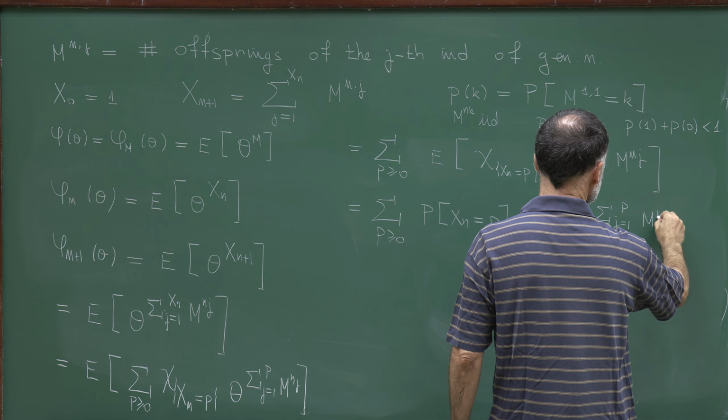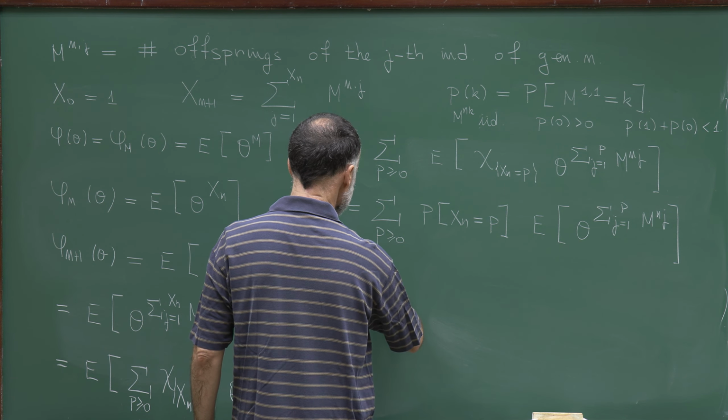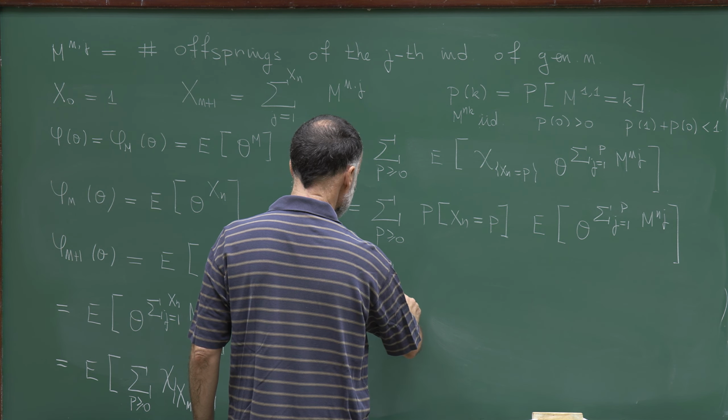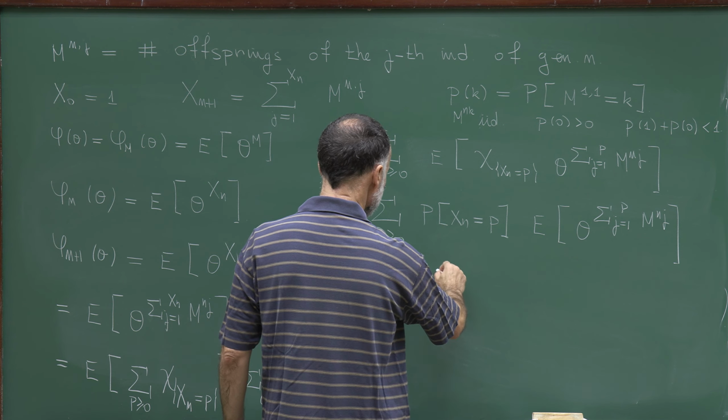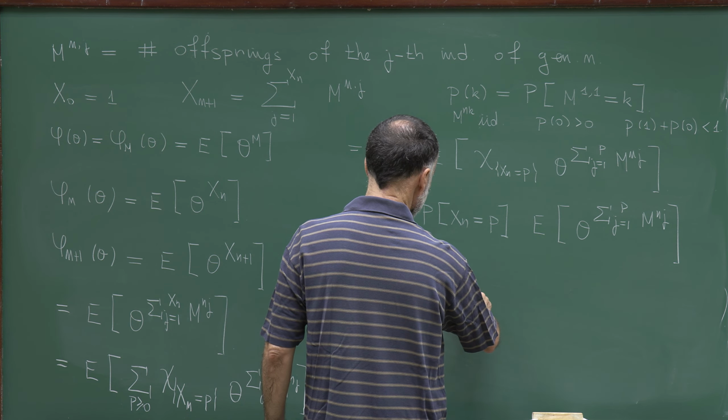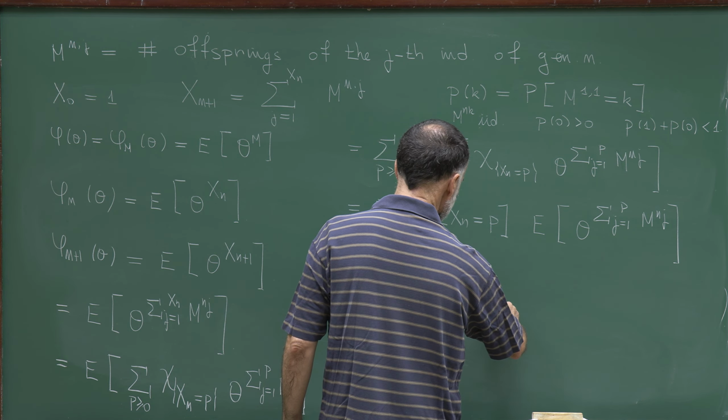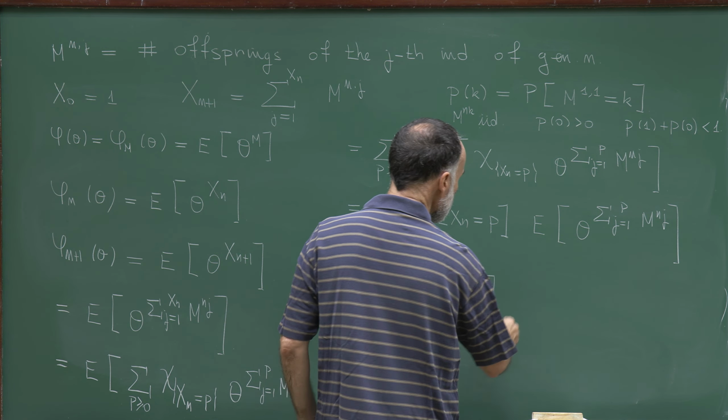But now I can use the fact that these variables are IID to rewrite this expectation. So I have here actually a product of functions.